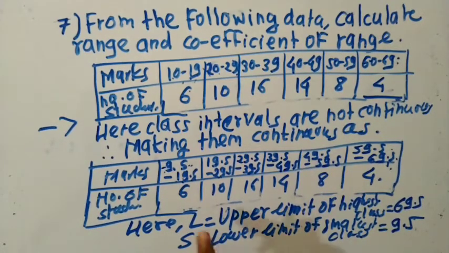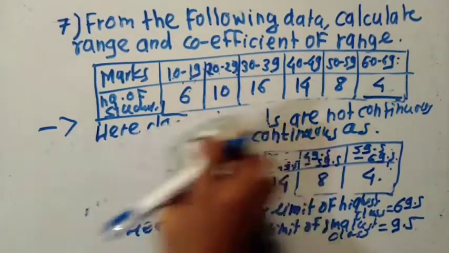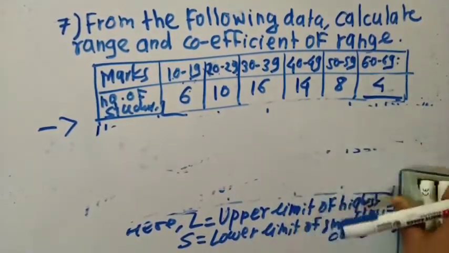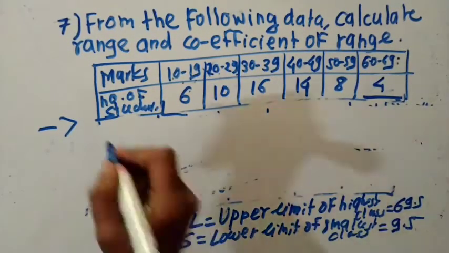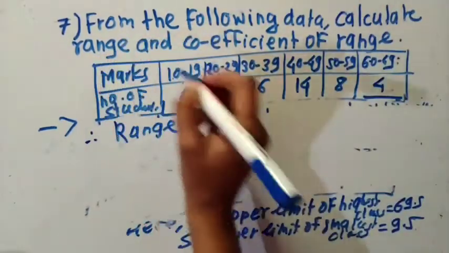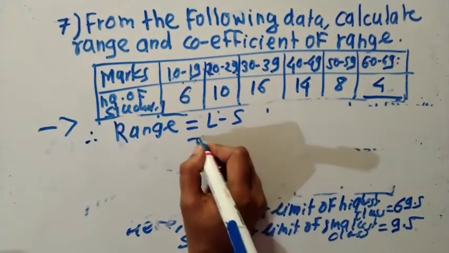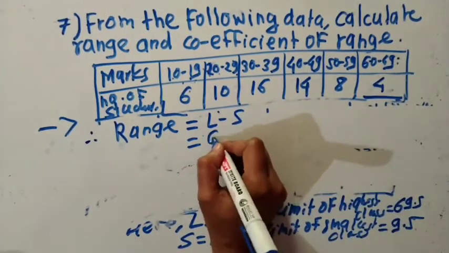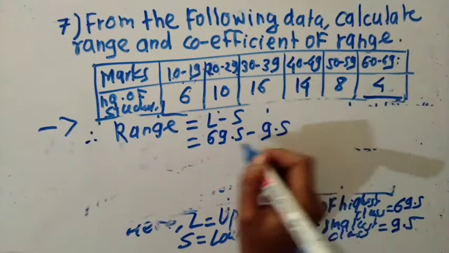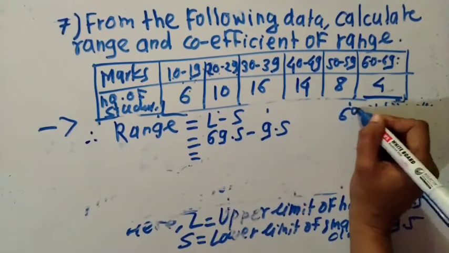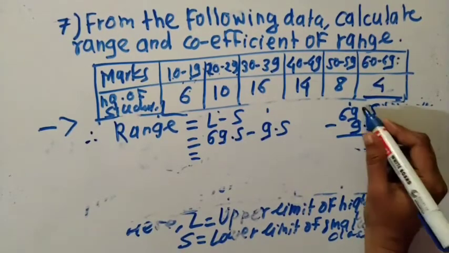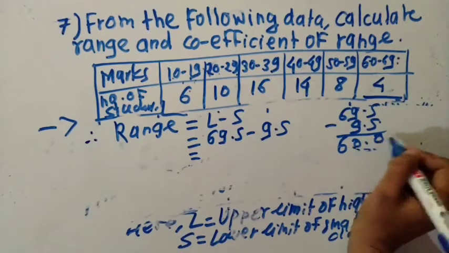सो आता हे एल आणि एस कन्सिडर करायचे आणि फर्स्ट अपॉन वी फाइंड आउट रेंज. हेन्स फर्स्ट रेंज calculate, range is equal to L minus S is equal to 69.5 minus 9.5. 5 minus 5 0, 9 minus 9 0 and 6, so 60.